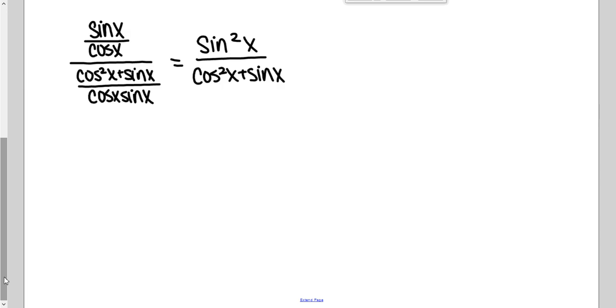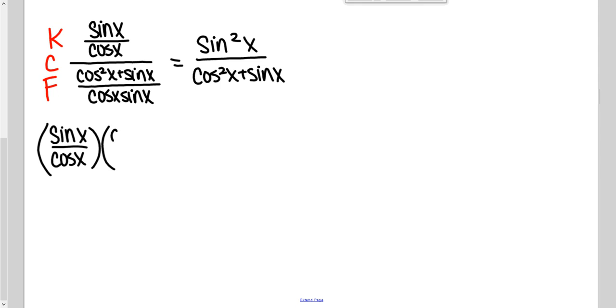All right, I can now keep change flip because I've got fraction over fraction. Keep change flip. First fraction stays the exact same. Second fraction flips.